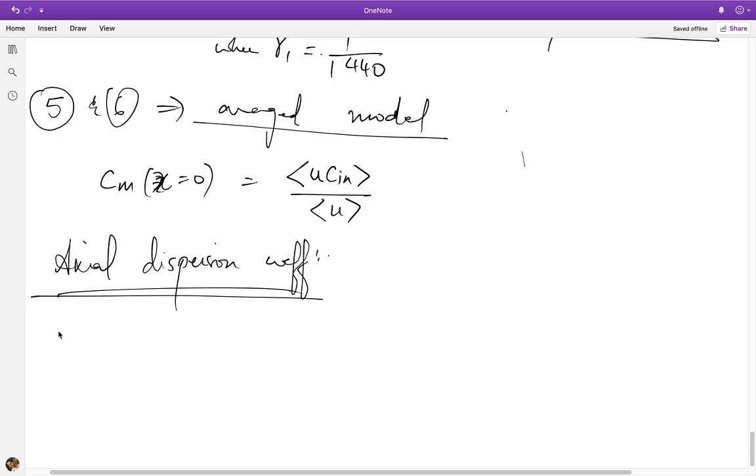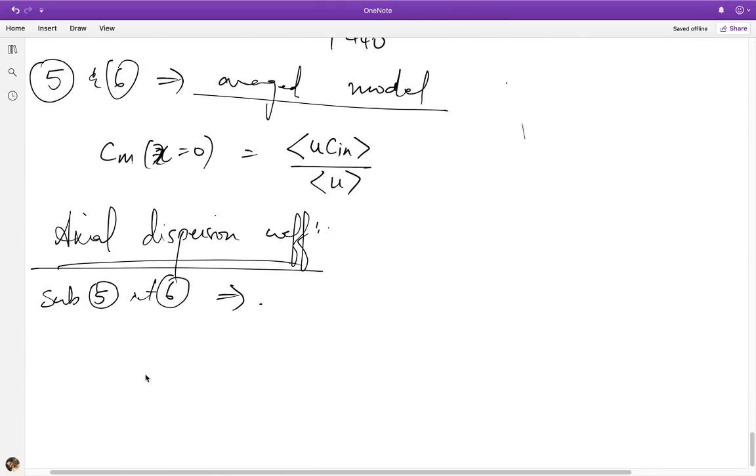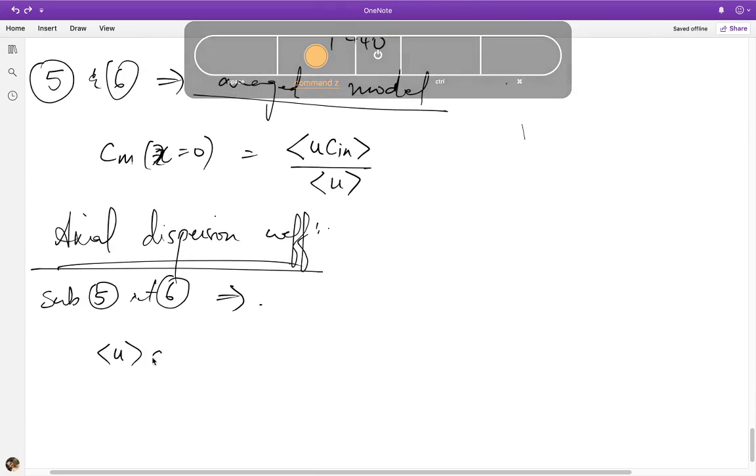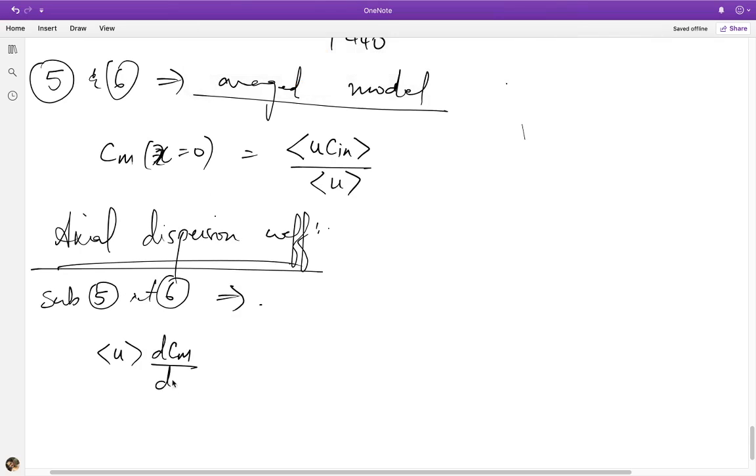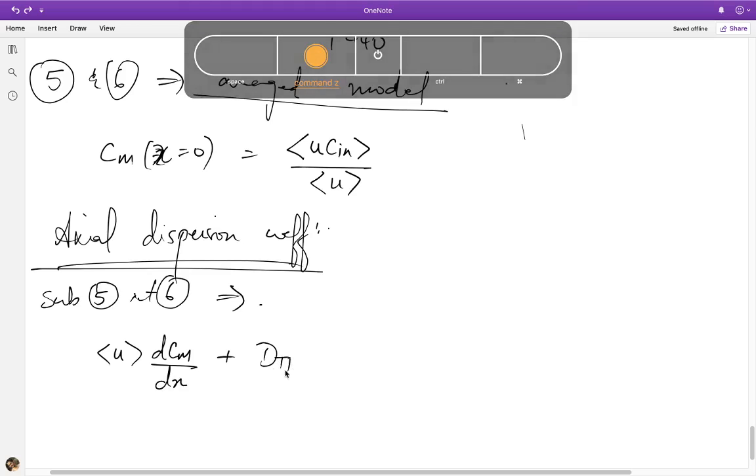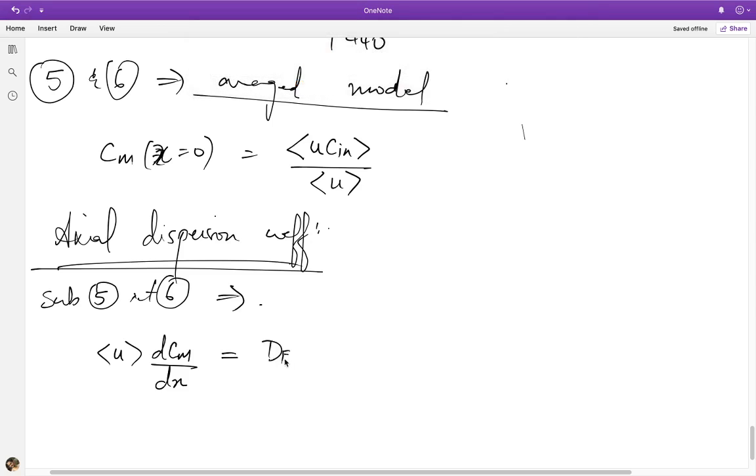So I can also write, you can substitute 5 into 6 and ultimately obtain, with some manipulation, an equation of the following form. Is equal to, so I'll get an effective dispersion coefficient.